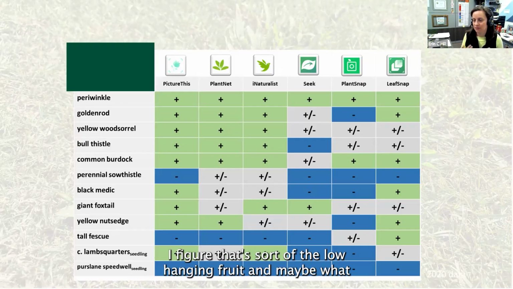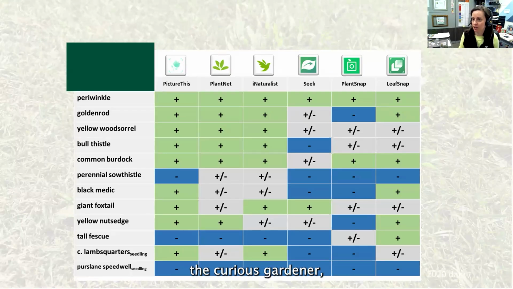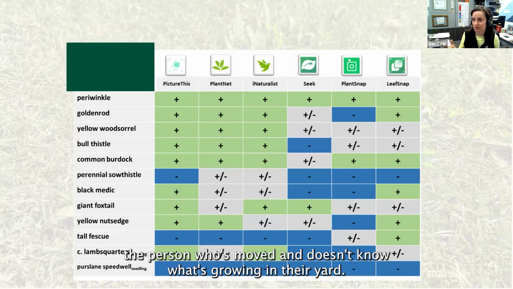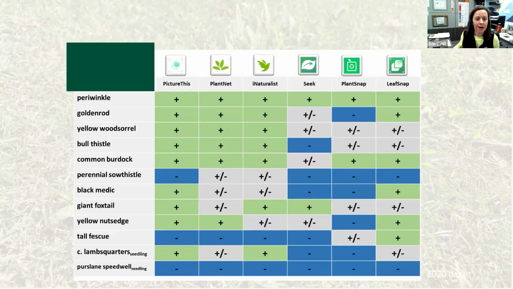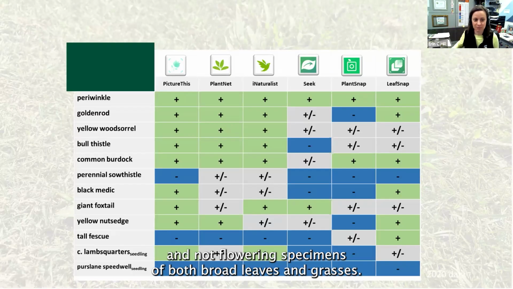I figure that's the low hanging fruit and maybe what these apps were designed for in the first place, the curious gardener, the person who's moved and doesn't know what's growing in their yard. And then because I'm teaching weed science, I moved into weeds and I would look at flowering and not flowering specimens of both broadleaves and grasses.